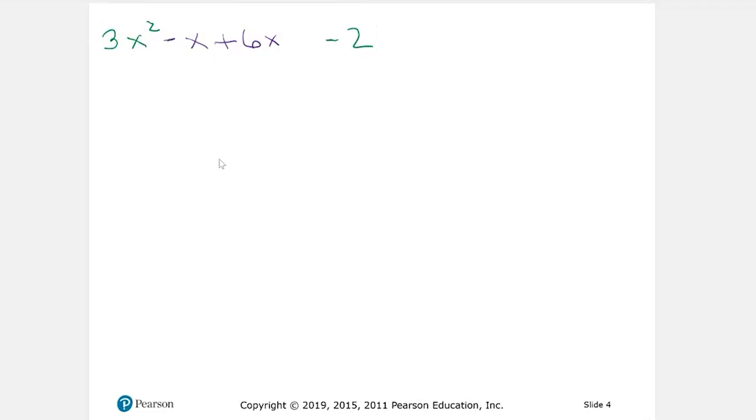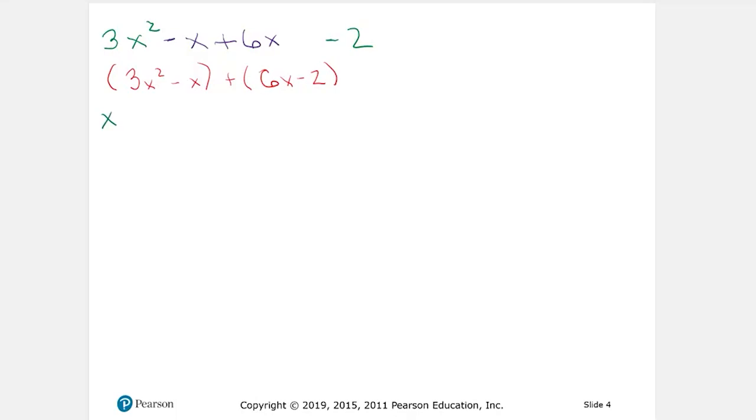All right, so now I'm going to factor by grouping. So I'm going to group the first two together. I always put a plus between them, and then I put the second two together. All right, so what are we going to do? In the first group, we look for our greatest common factor, which is x, right?